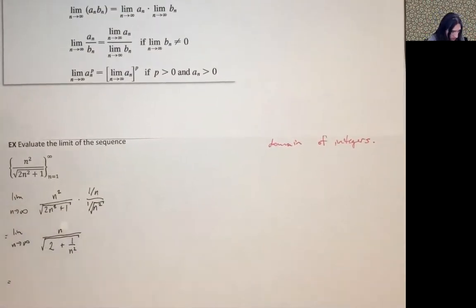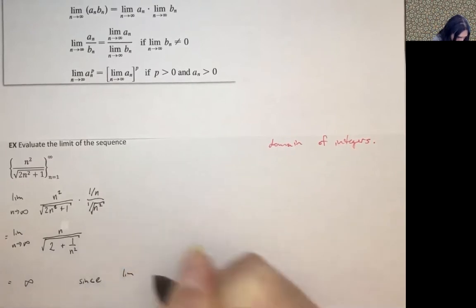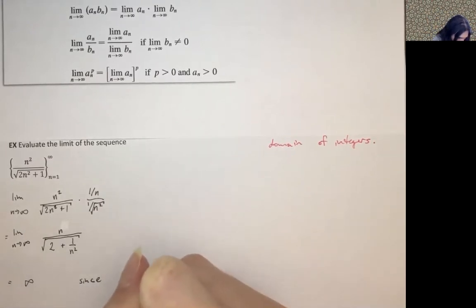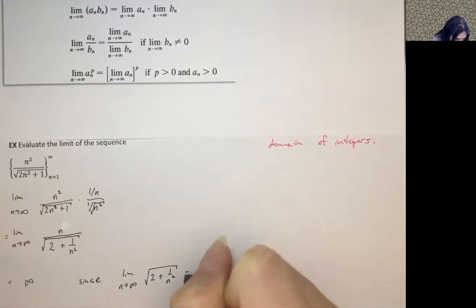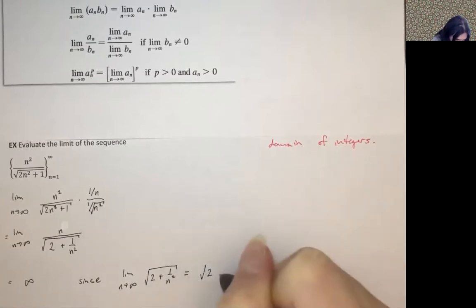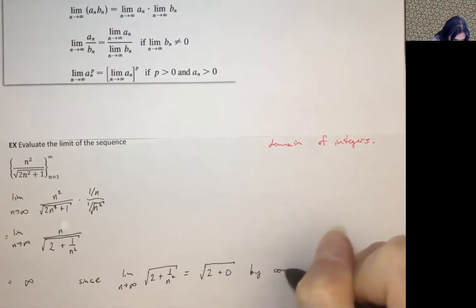So this will equal infinity, since the limit of the denominator portion would equal this by continuity.